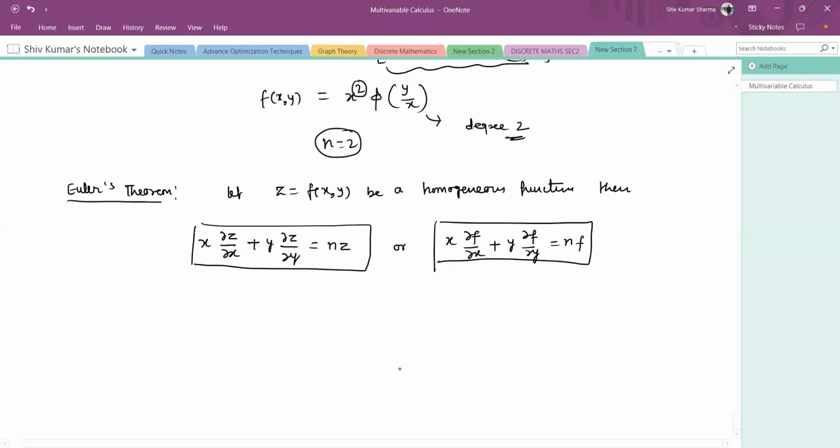We shall prove this. Proof of Euler's theorem.